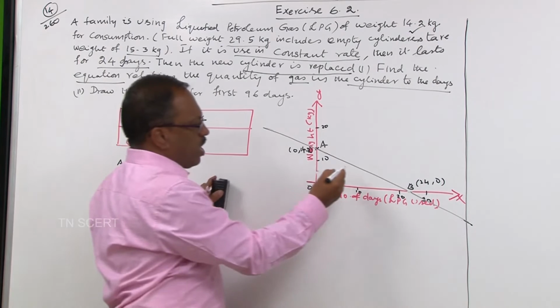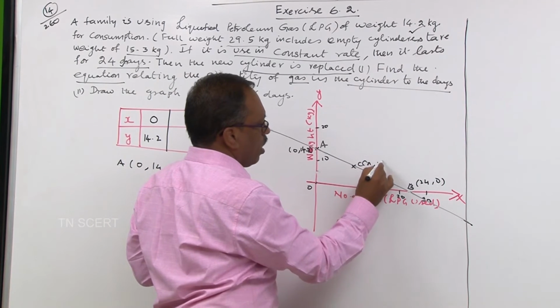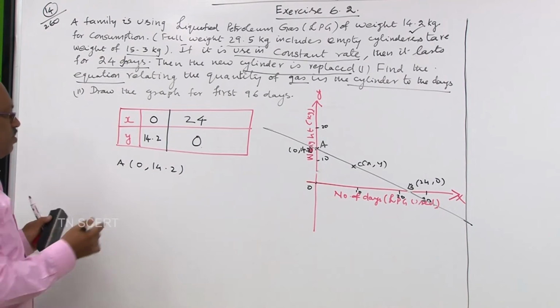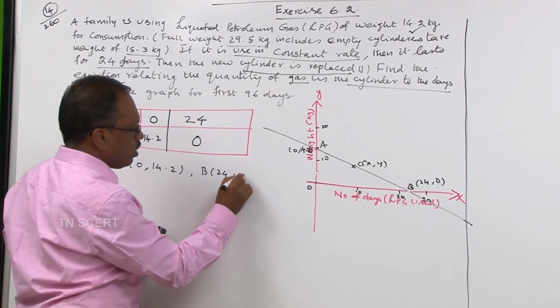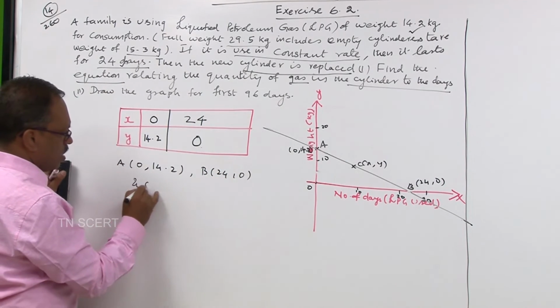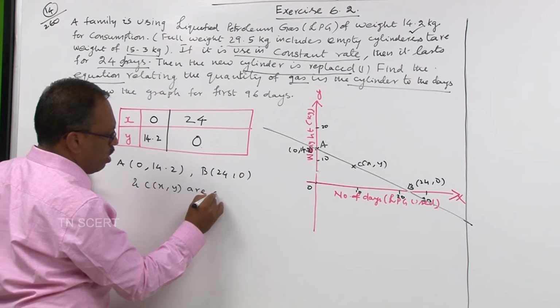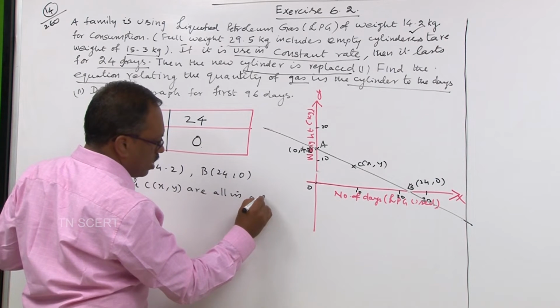Let me take some point C of x, y as a reference point on the locus line. A, B and C of x, y are all in a straight line.